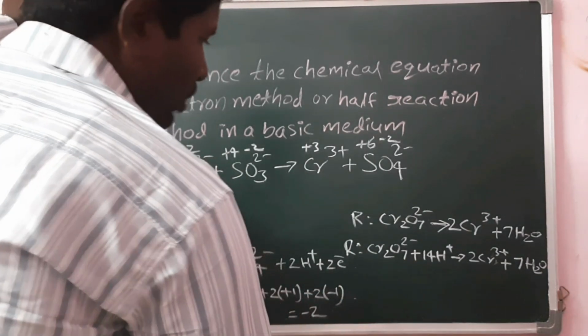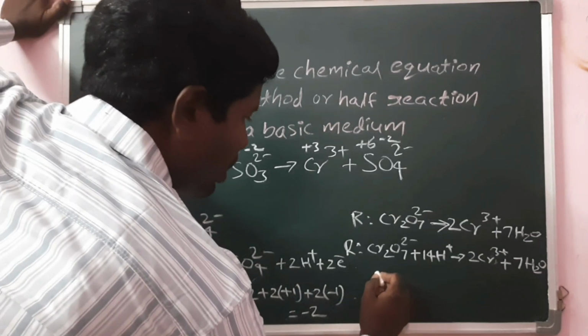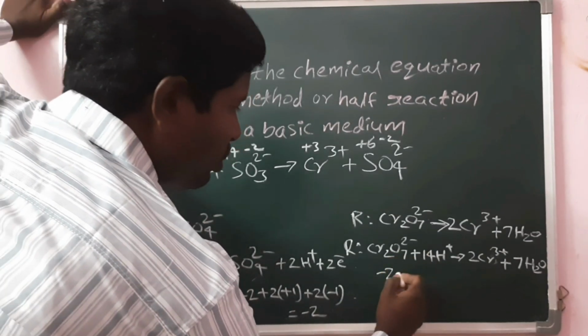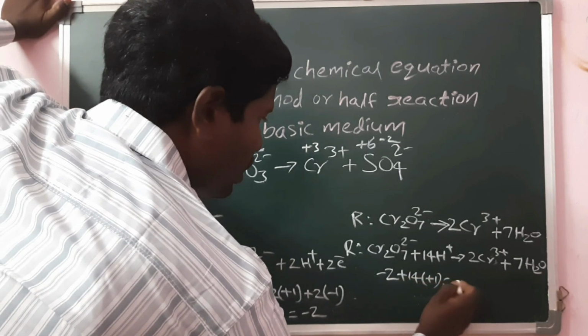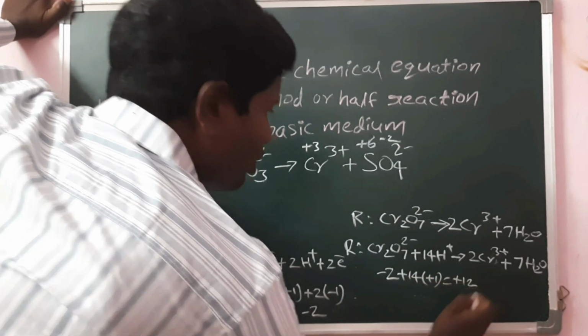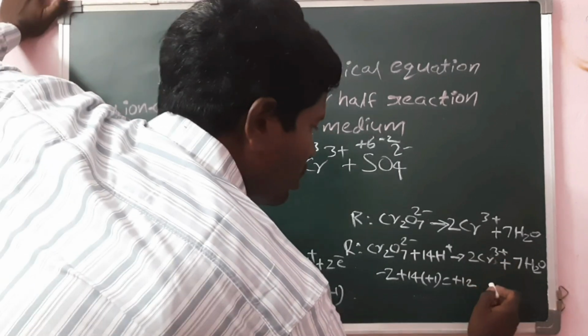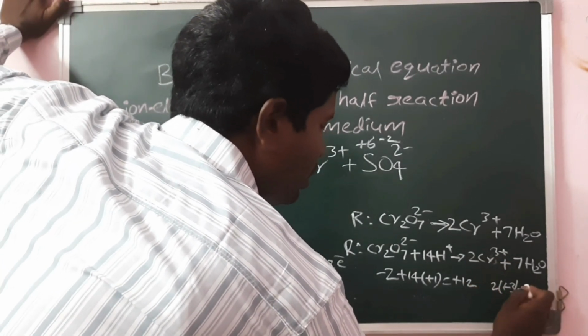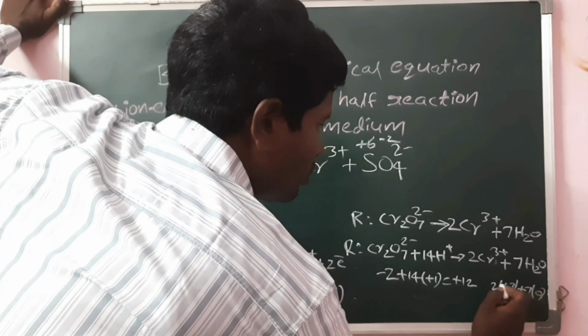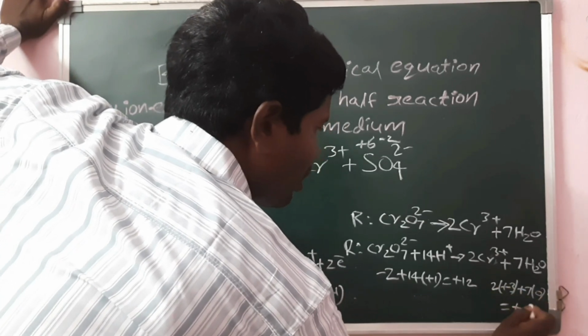In the reduction half reaction, left hand side addition of charges -2 plus 14 into +1 equals +12. Right hand side, 2 into +3 plus 7 into 0, that equals +6.